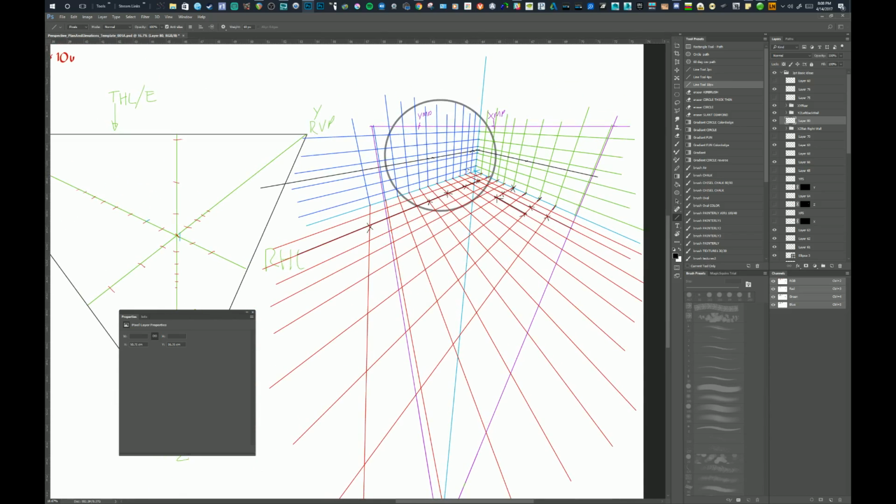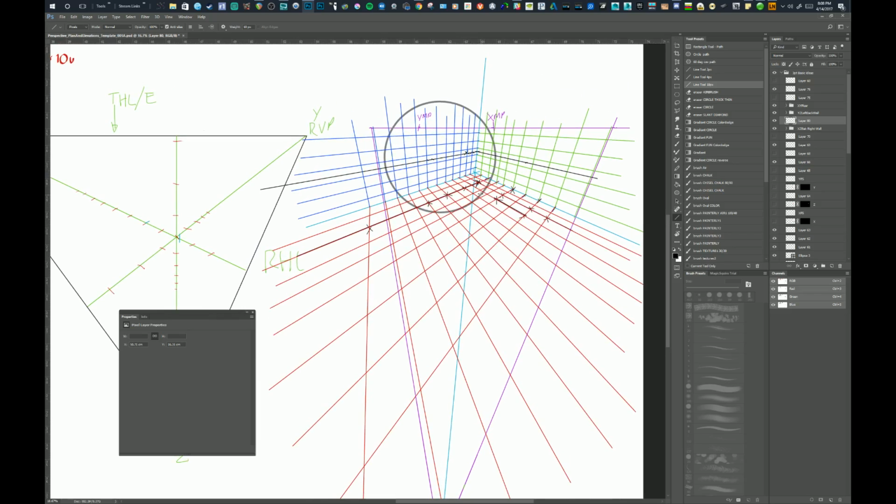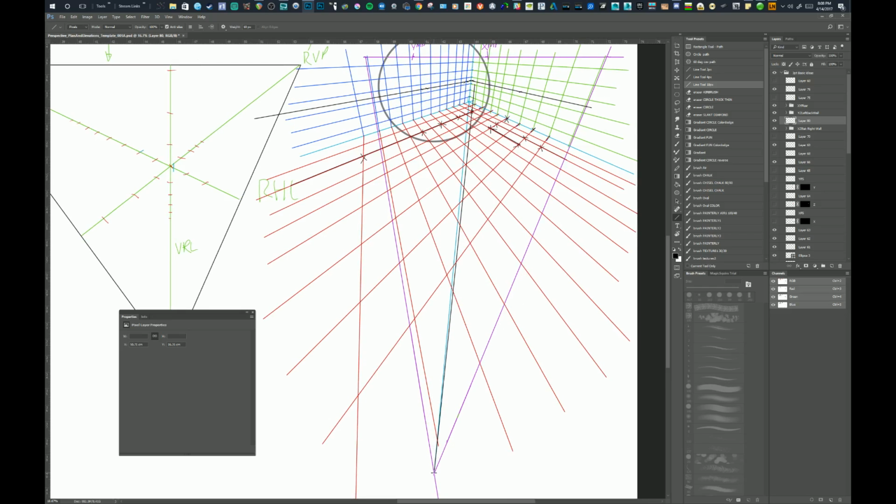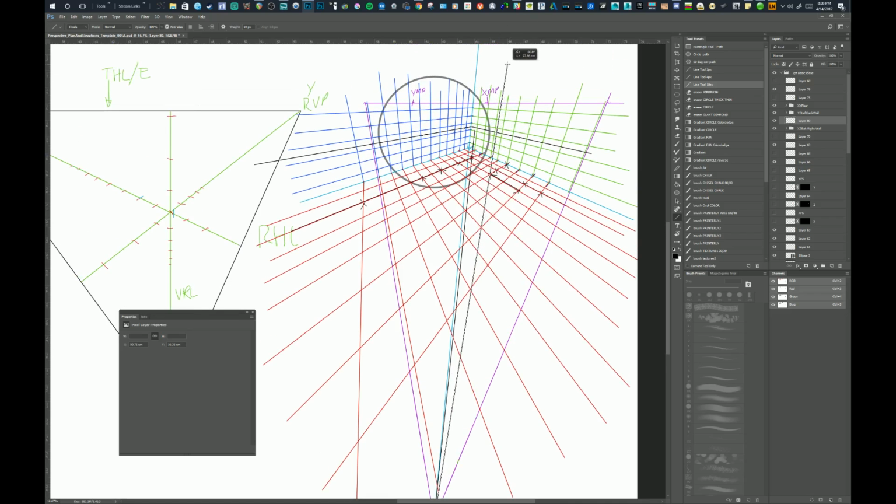Okay, so first thing we need to know is where these two line up, right? So this is 2 from the back wall. So this needs to be 2 from the back wall, and this will give us that front corner. So we'll go up from Z through that front corner there that we have, and then we'll just move it up to where we think those will cross. We'll do the same with the refrigerator. So I'm going to just continue that up because the refrigerator is taller than the seam.